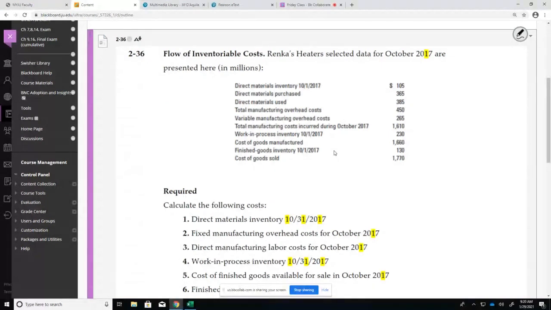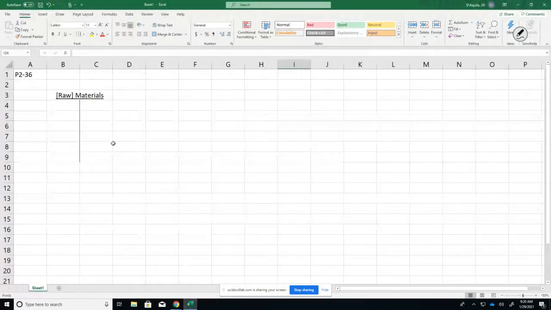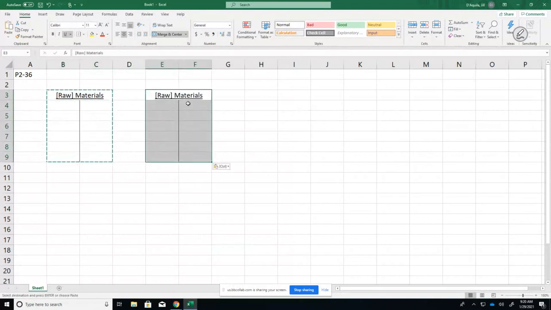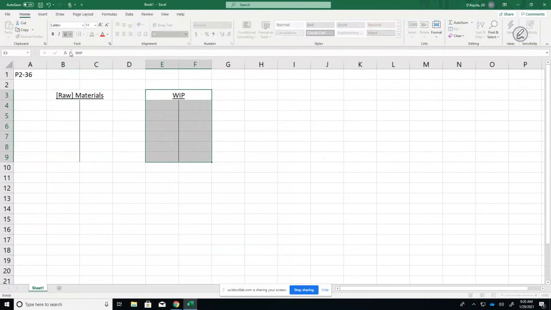So, oh well. Let's look at what information is actually given, and let's create some T accounts. I'm just using Excel for this. We've got raw materials, or sometimes they're called materials. We've got work in process. And that one always takes up the most space because there's a lot that gets written there.